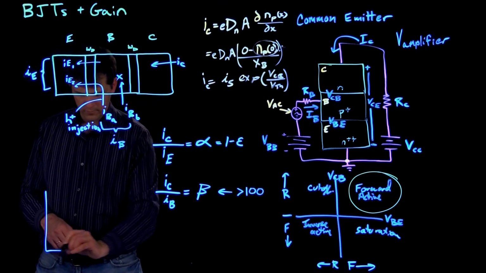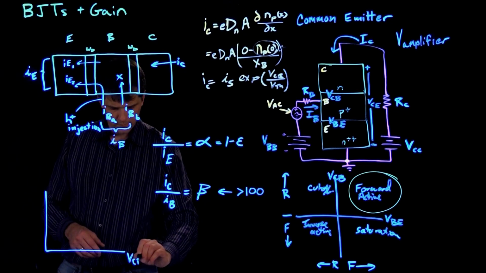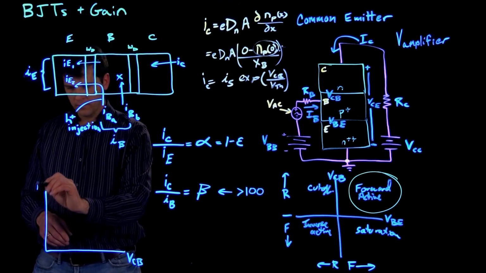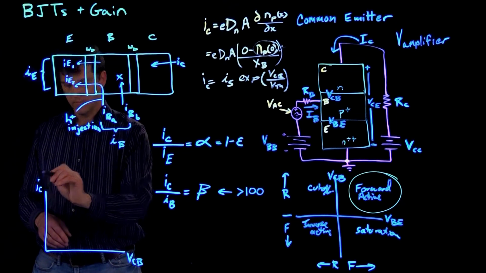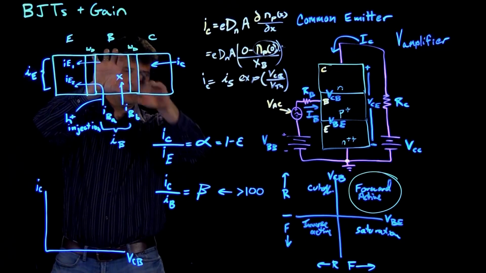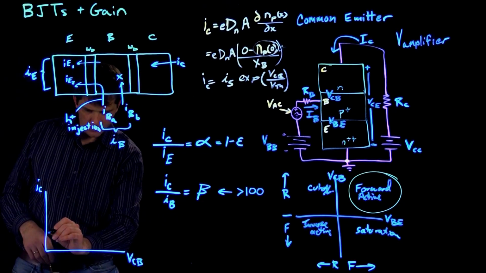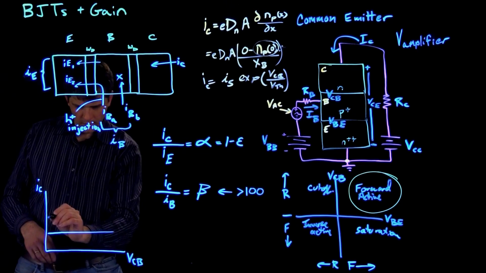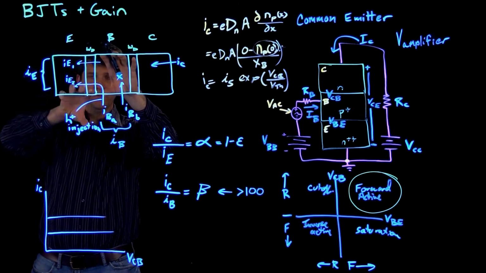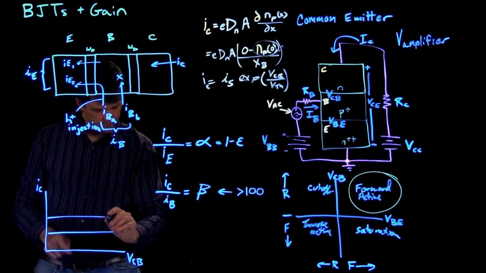We can also plot the collector current versus the bias on this second p-n junction here, and there is not all that much dependence because it's primarily determined by the forward bias on the emitter base junction.